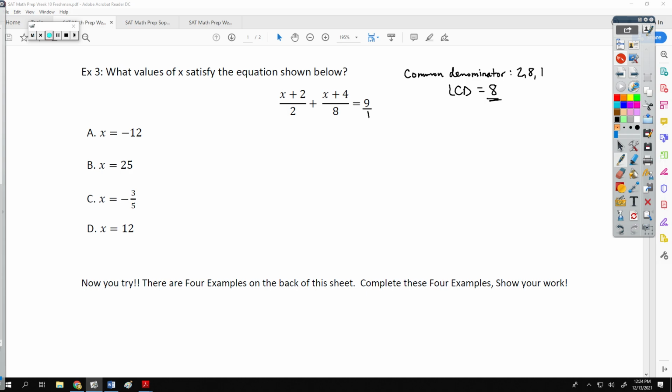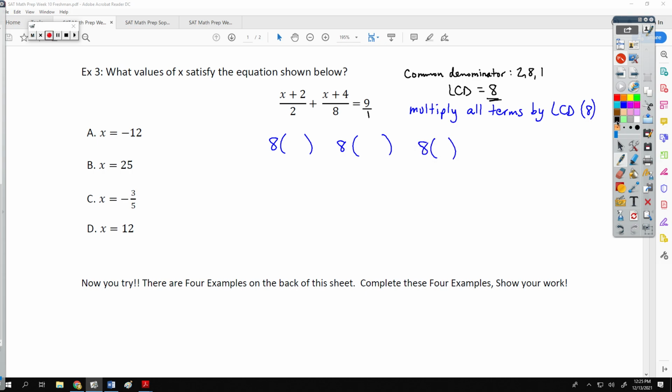So 8 is the least common multiple or least common denominator of those three denominators, 1, 2, and 8. So what happens is we multiply all of our terms by that LCD. In this case, 8. So what I'm saying is we do 8 times all three things.